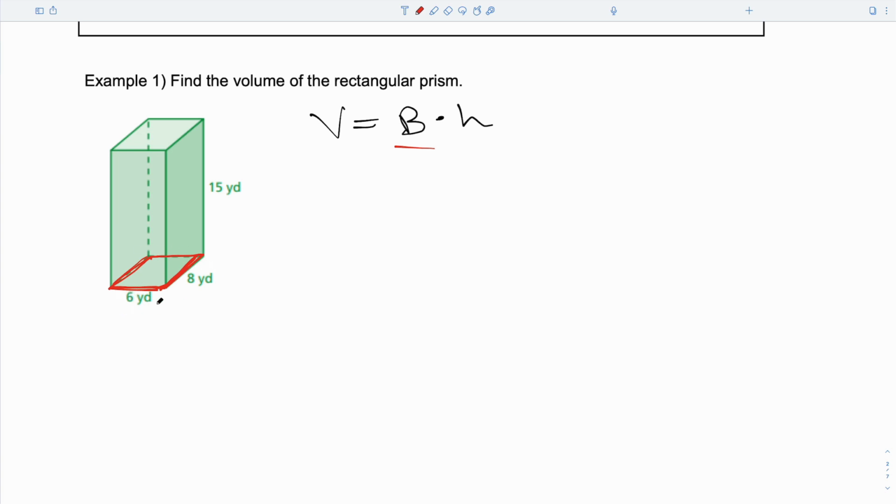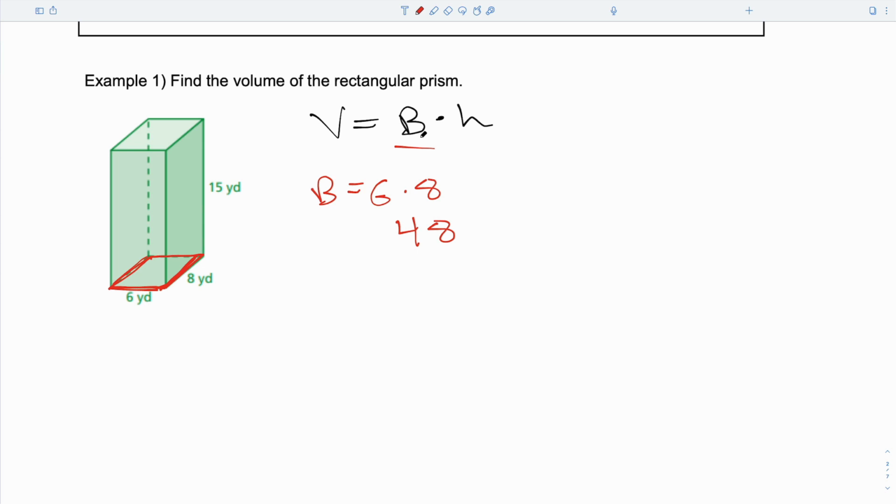How do you find the area of this one rectangle? Just that bottom part, Leighton. What's the area of a rectangle? Length times? So 6 times 8. 6 times 8, whole class? 48. So 48 was the area of your base.